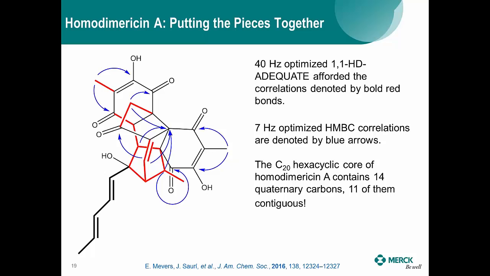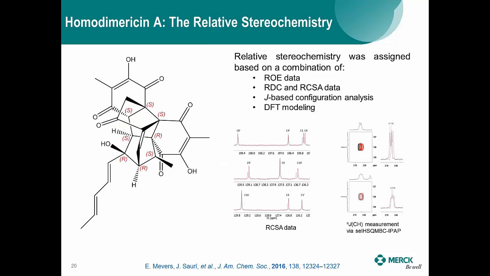Just very briefly, I also want to mention that it was not only finding the skeleton of this complex fungal metabolite, but also the relative stereochemistry was very challenging. And it was a nice effort, actually.